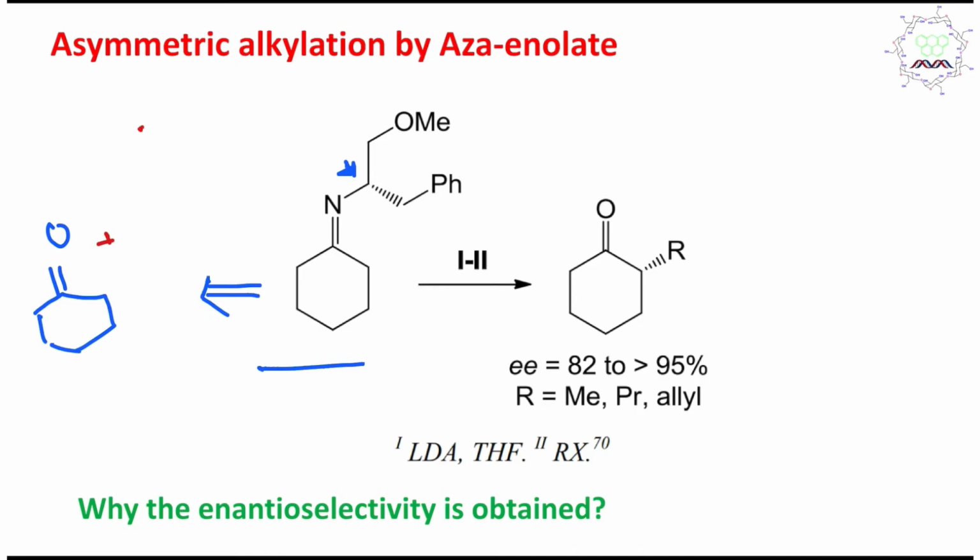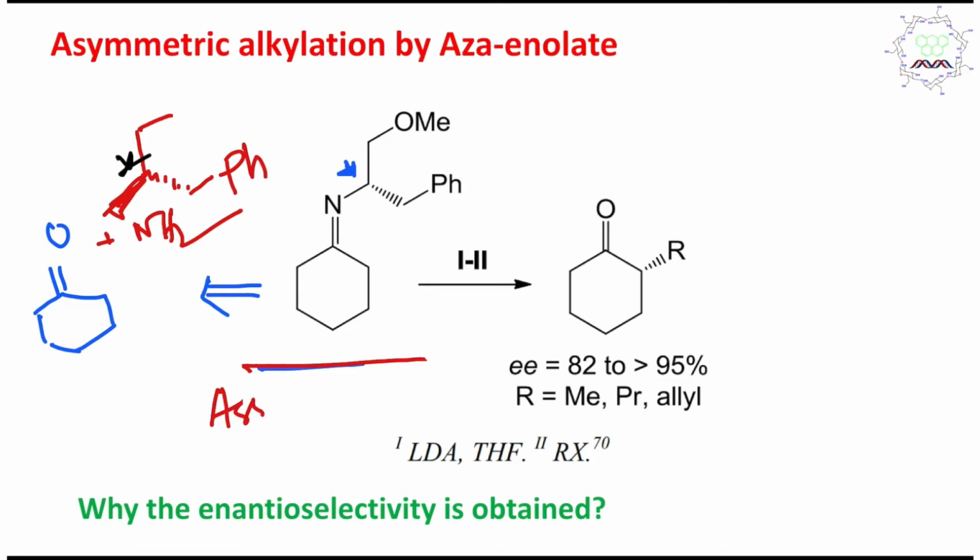Along with that, this is the Ph, and hydrogen is obviously there. So this is the amine and the other is hydrogen. So you can consider that this center is asymmetric. So when Schiff base condensation is done, it produces this asymmetric imine.